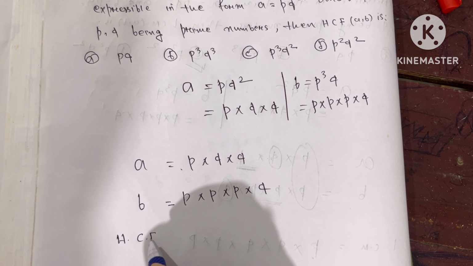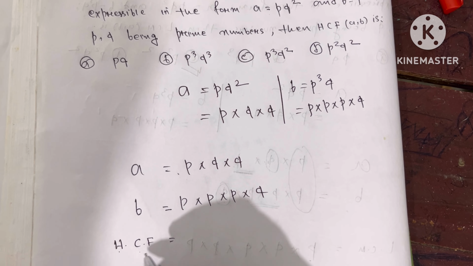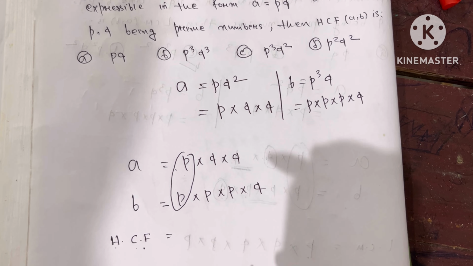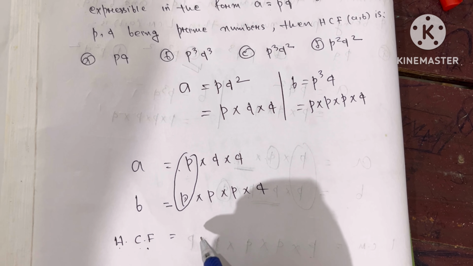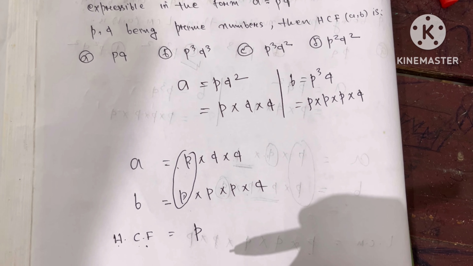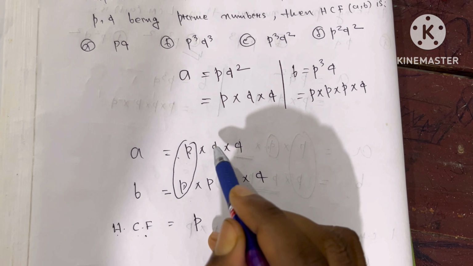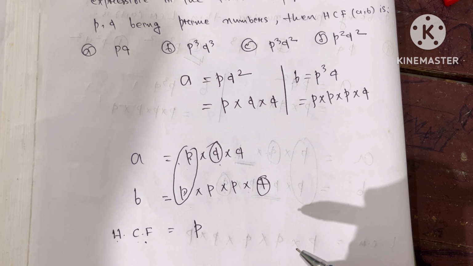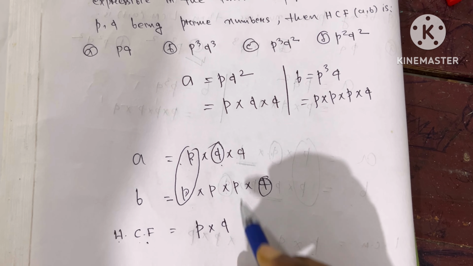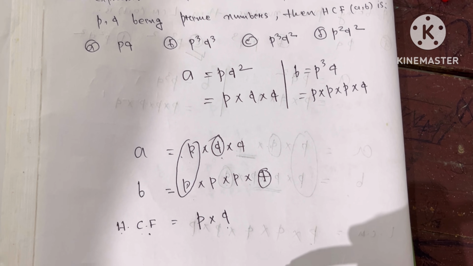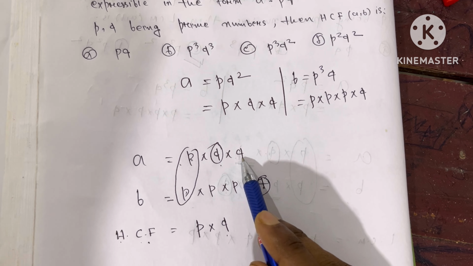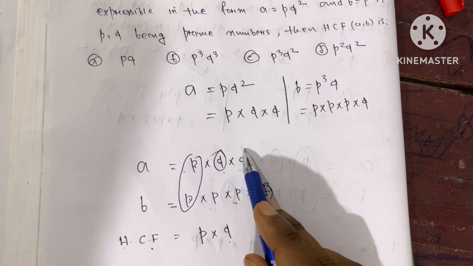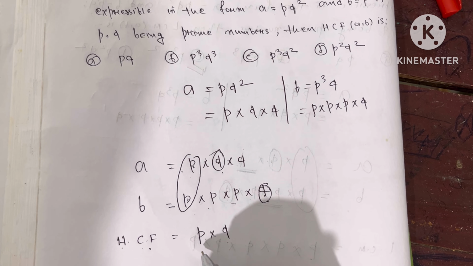Now you want to find the HCF. HCF means highest common factor, which means you find a common factor between a and b. Here a has p, and b also has p, so from this pair you can take one p. Next, q is in a and q is also in b, so q is also common, and you can take one q. The other factors in b, the extra p's, are not in a. So the common factors are only p and q.